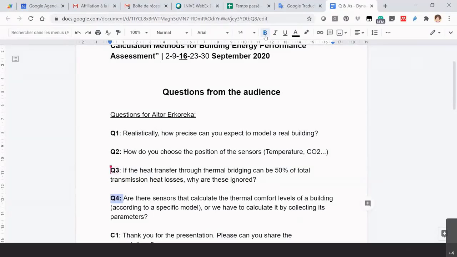If in the design phase you didn't consider the thermal bridges correctly, then the real UA value will be much bigger than the theoretical design UA value.